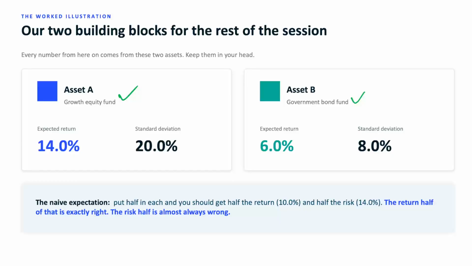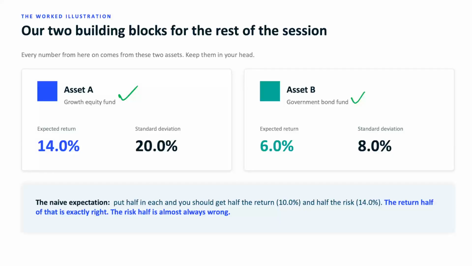Now, before I show you anything, let's predict. If you put half your money in each, what do you get? Most people would say half the return and half the risk: 10% return, 14% risk. It's the intuitive answer. And on return, that intuition is perfect. 10% is exactly right.